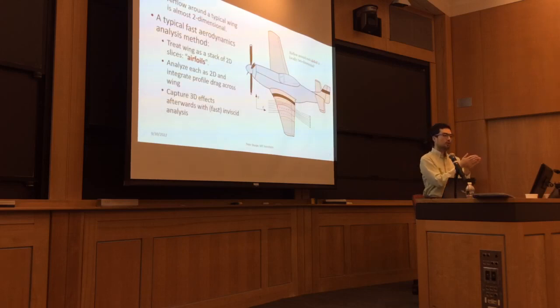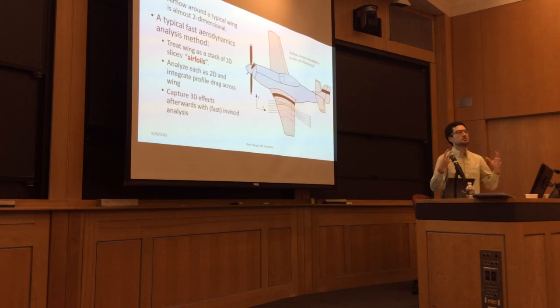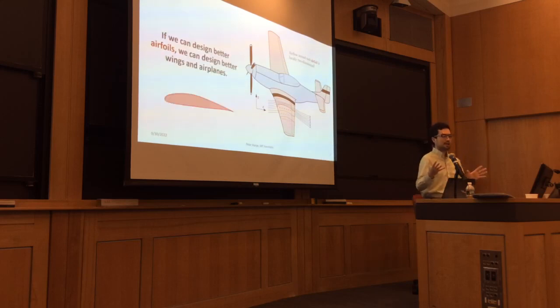And we'll analyze each of these airfoils in 2 dimensions, and then we'll integrate the properties across that wing. And then there's some tricks that we can do afterwards to capture those 3-dimensional effects that we missed. And that's a very quick method that reduces the number of degrees of freedom in our problem. So here's the main takeaway. If we can design better airfoils, these 2D slices, we can directly design better wings, better airplanes, and get better outcomes.